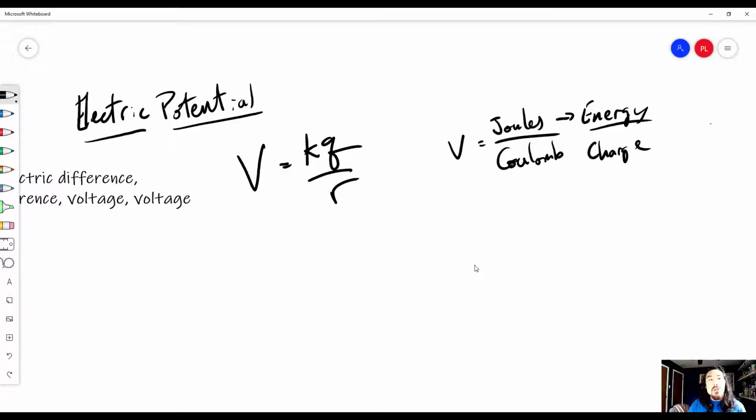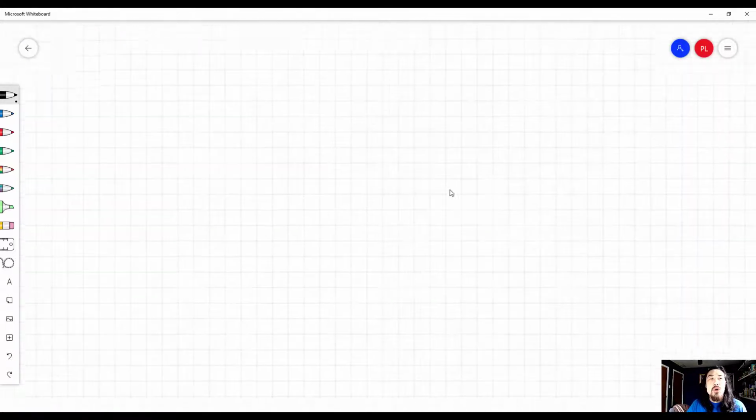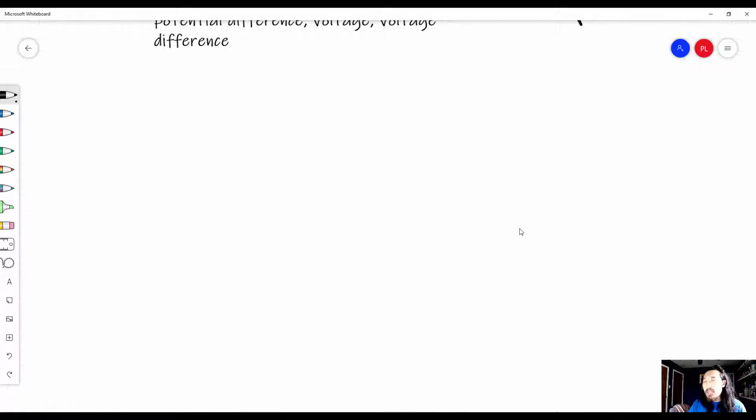Now, to really understand electric potential, I'm going to go through different models and analogies, and this is one of those units where the more you sketch it out, the more you draw it out, the easier it is to understand. The first thing I'm going to do is a quick analogy of what volts are.